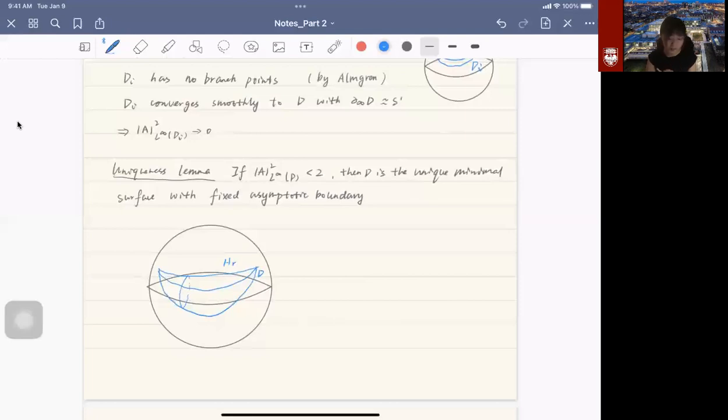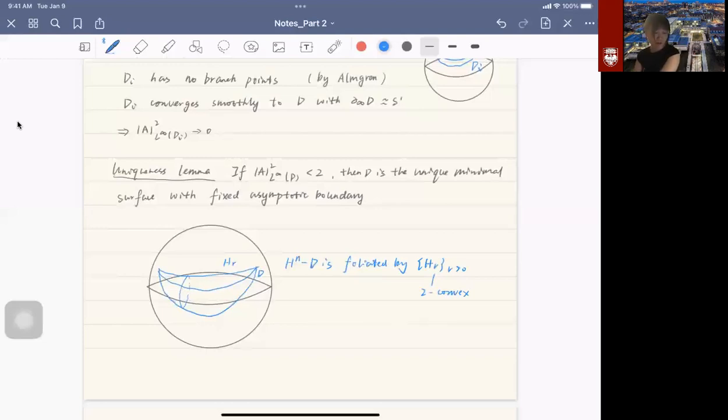So it's not hard to show that the hyperbolic space minus D is foliated by the sequence of H_R for all the positive numbers R. And by computing the principal curvatures on H_R, we can say that this is 2-convex, meaning that the sum of any two principal curvatures is positive.